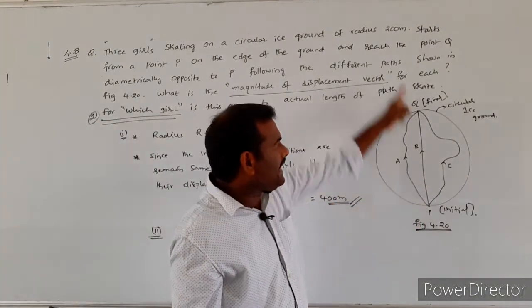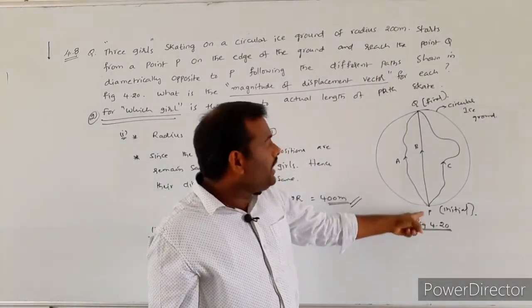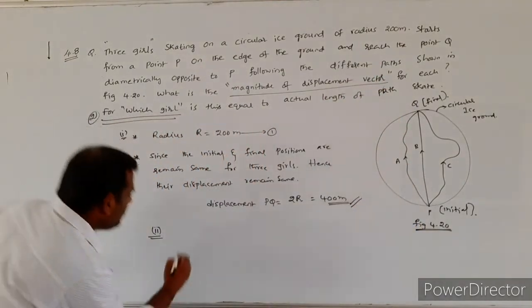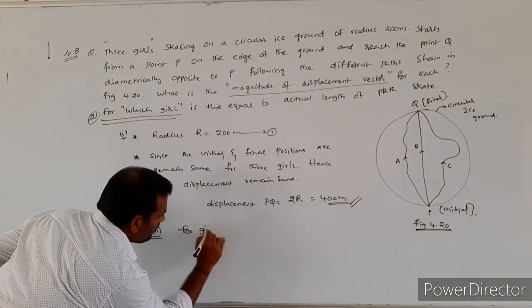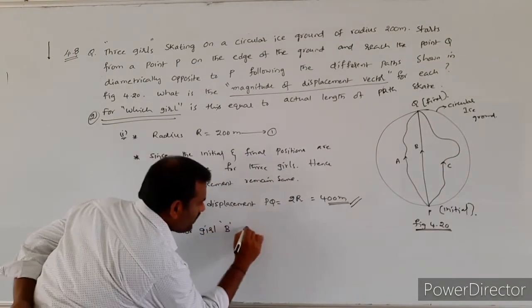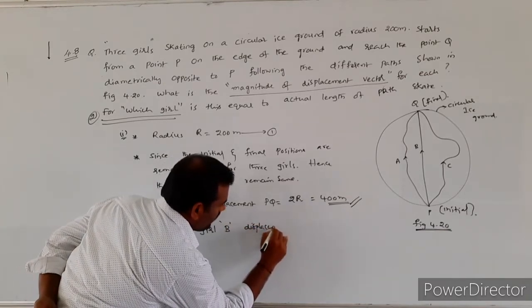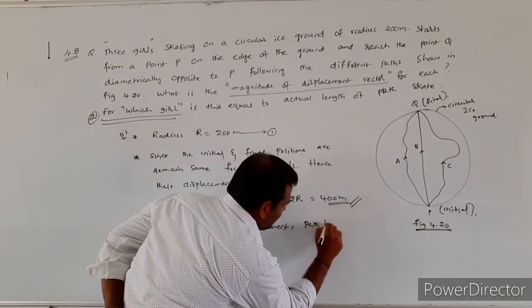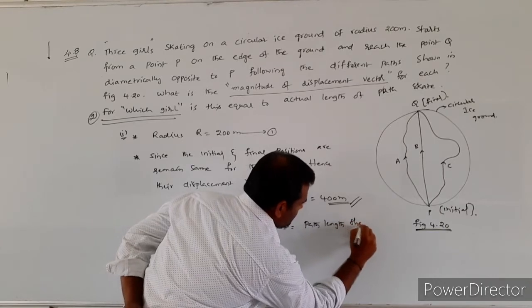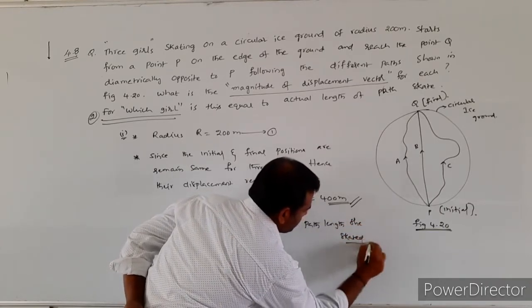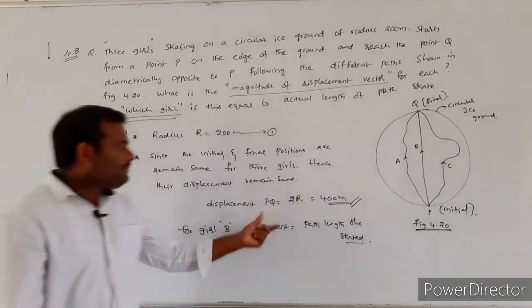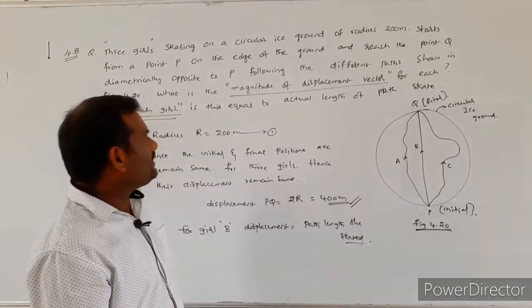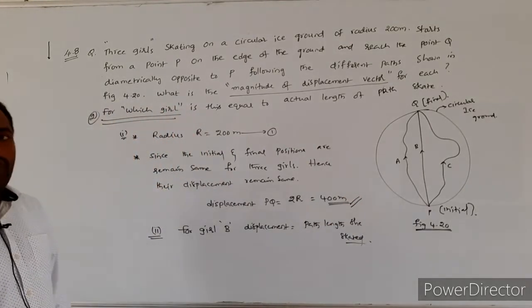Girl B skated diametrically, so for girl B, the displacement is equal to the path length she skated. So this is the answer for question 4.8.